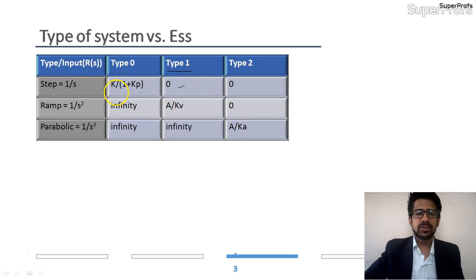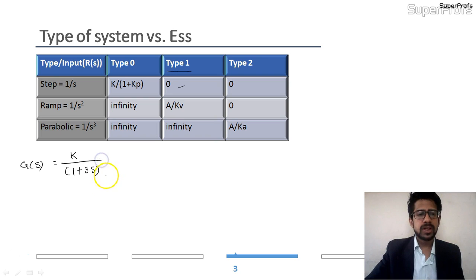Let us try and calculate the steady state error for type 0 and step input. So for a type 0 system, let us say my g of s is equal to k upon 1 plus 3s.